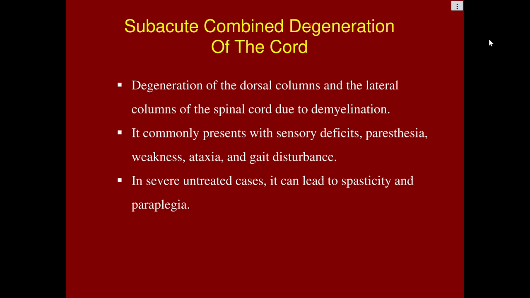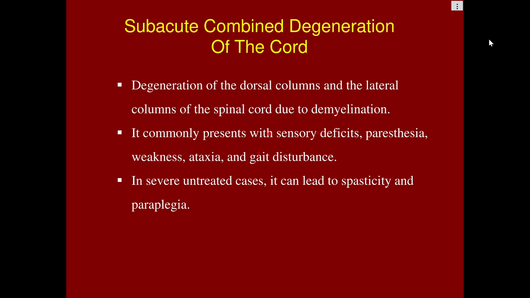The patient will present with what we call subacute combined degeneration of the cord, especially in the extreme situation, whereby there is degeneration of the dorsal columns and the lateral columns of the spinal cord due to demyelination. And we say that demyelination is because of lack of vitamin B12. Right.